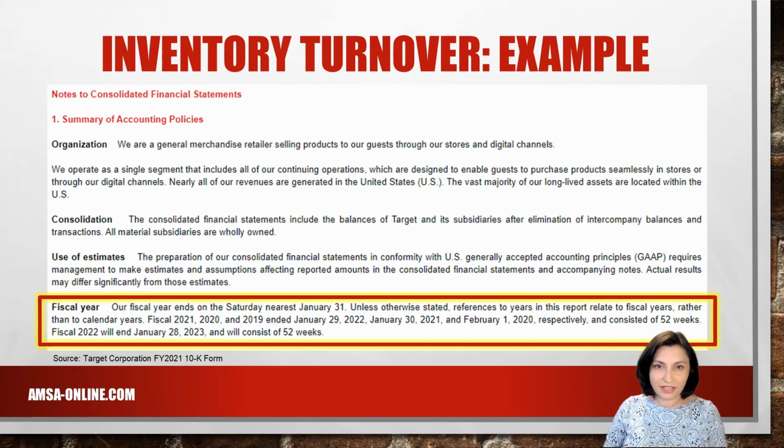Unless otherwise stated, references to years in the 10K report relate to fiscal years rather than to calendar years. Fiscal 2021, 2020, and 2019 ended January 29, 2022, January 30, 2021, and February 1st, 2020, respectively, and consisted of 52 weeks.